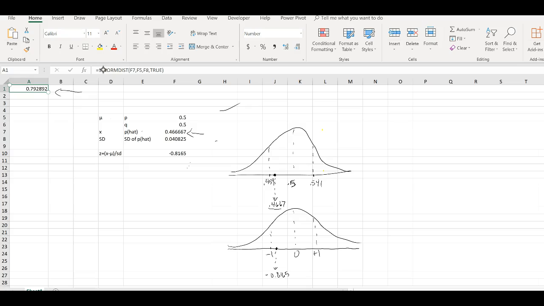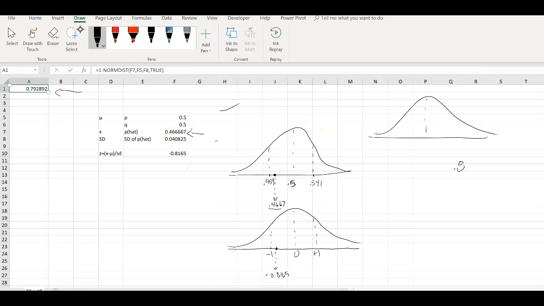Well, keep in mind, when you use the norm distribution function, what that gives you is whatever, let's say you get a value of 0.8 for that. What that's saying here is that it's giving you the area roughly right about here under the normal distribution.